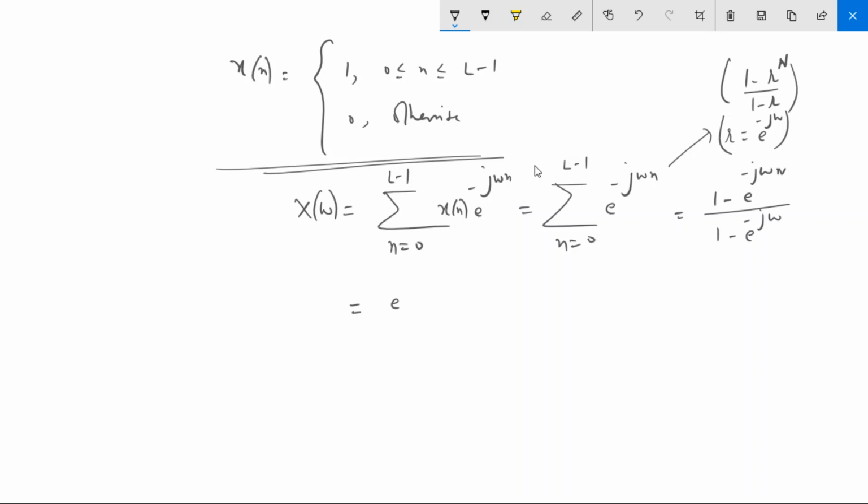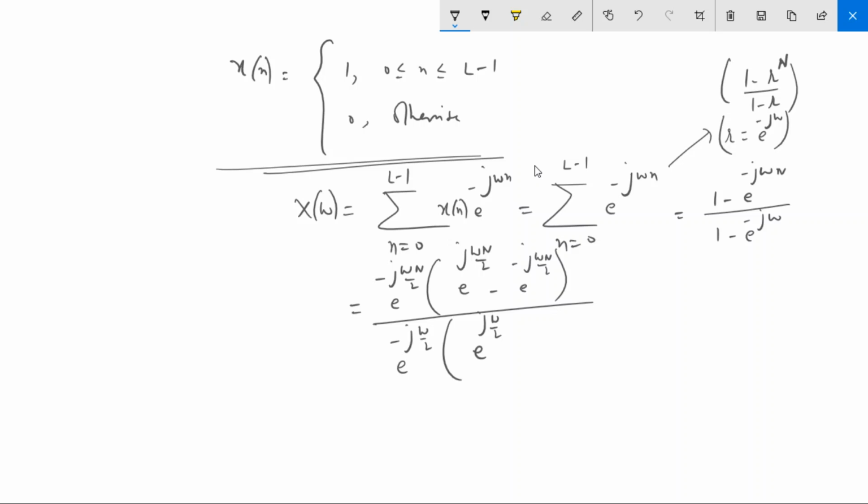In the numerator, you can take e raised to power minus j omega L by 2 common, it will become e raised to power j omega L by 2 minus e raised to power minus j omega L by 2. In the denominator you can take e raised to power minus j omega by 2 as common, it will be e raised to power j omega by 2 minus e raised to power minus j omega by 2. You can multiply and divide with 2j, so this will become a sine function, and this will become sine.